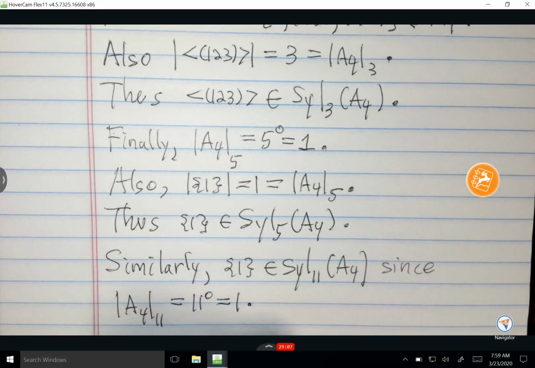So it does seem like these groups always have a Sylow P subgroup, like every time. I wonder if you took any group and any prime, would that group have a Sylow P subgroup for that prime?